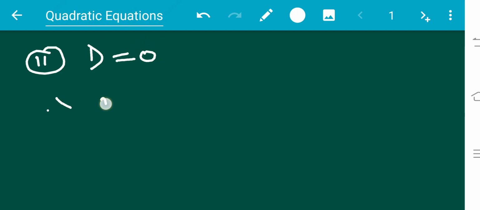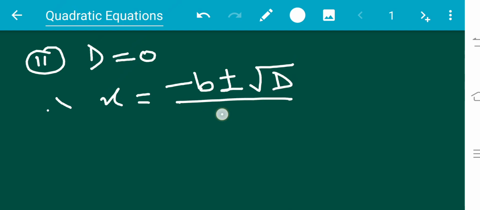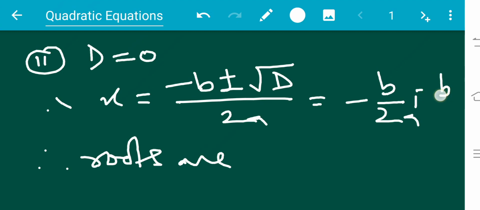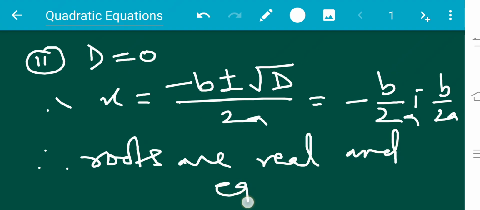Therefore x is equal to minus b plus minus square root of d by twice a. So this is nothing but just minus b by twice a. Therefore roots are minus b by twice a, two times, so roots are real and equal.